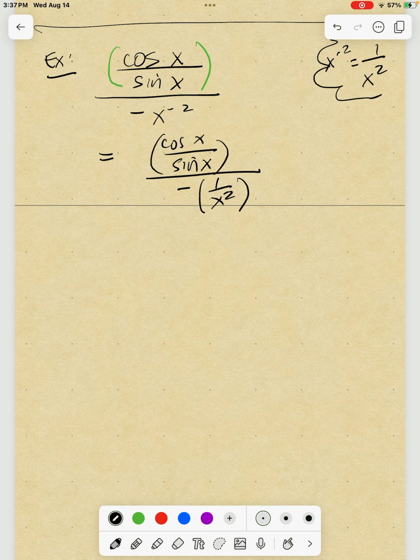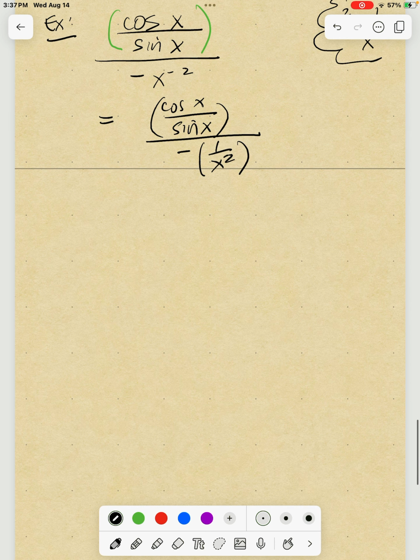So now I have a fraction divided by a fraction. And when you divide by a fraction, you multiply by the reciprocal, right? But that essentially is a consequence of the way multiplication of fractions works. So this is equal to cosine. Now I have a minus sign. Okay, so I can move the minus sign out front because this is a negative 1, right? I can think of this as negative 1 times 1 over x squared.